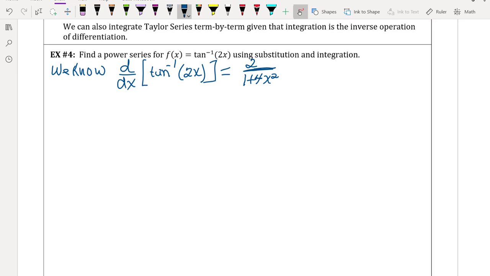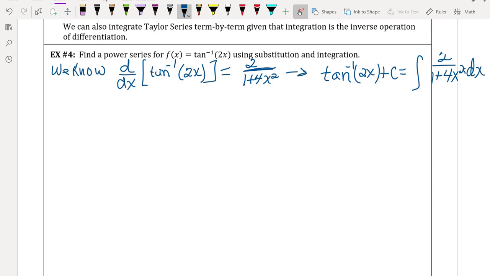So that's very helpful, because this will lead us to the idea that we started with this. So we can get our inverse tangent of 2x if we integrate 2 over 1 plus 4x squared dx.